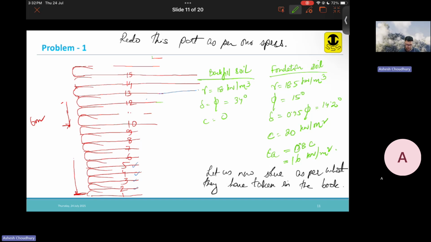Let me put it. Wait. How to put it? Just give me 1 second.